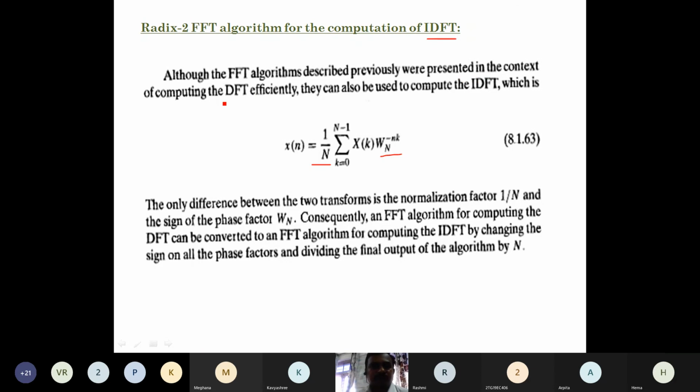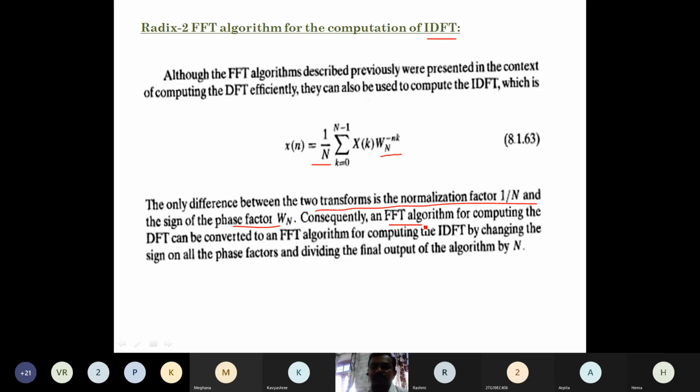Presented in the content, the computing of DFT efficiently, they can also be used to compute IDFT, which is x of n is equal to 1/n summation k equal to 0 to n minus 1 x of k into Wn to the power minus kn. The only difference between two transforms is normalized by 1/n and sign of the phase factor. 1/n and phase factor is the difference.